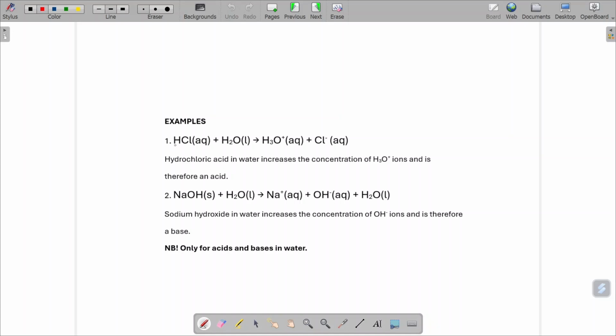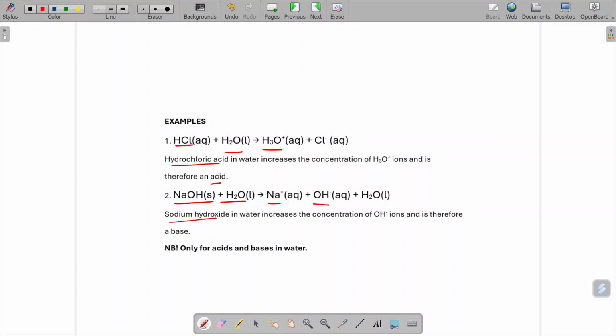In terms of the Arrhenius model, a similar discussion can be made. So the HCl dissolved in water increases the hydronium concentration, and therefore, according to the Arrhenius model, hydrochloric acid is the acid. Sodium hydroxide in water splits up to form sodium and hydroxide ions.